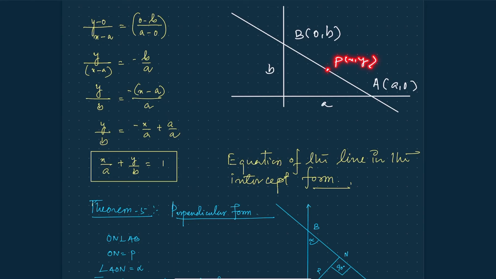So I write y minus 0 divided by x minus a, taking the slope of PA, and that will always be equal to the slope of this line. The slope will be b minus 0 divided by 0 minus a.